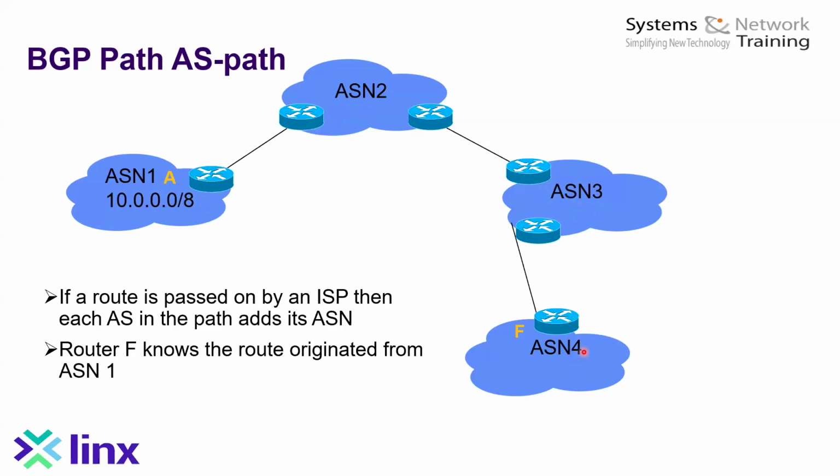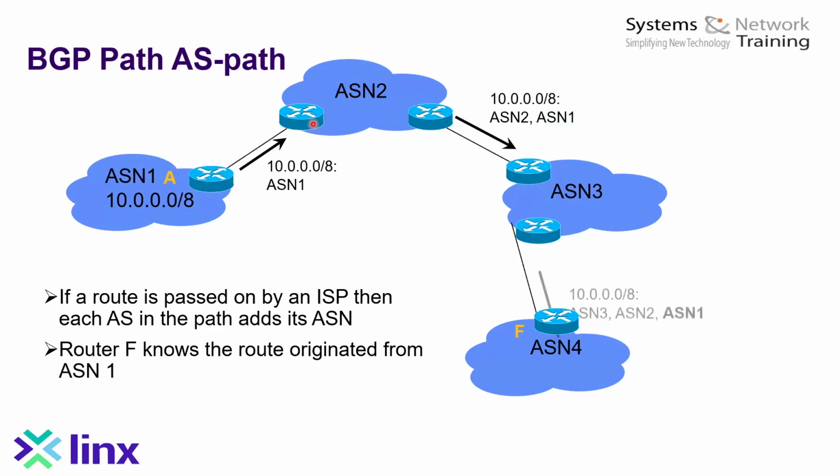And that is a low-level way for you, if you're the autonomous system here, to know when you receive a route, let's say from this router, that it's going to send its autonomous system number to you, so you know the route has come from router A, which is in autonomous system 1 here, for example. Okay, and then that gets passed on. You pass that on to your neighbor over here. So you receive the prefix, and you receive the autonomous system number of the router that's advertising the prefix, as we mentioned before.